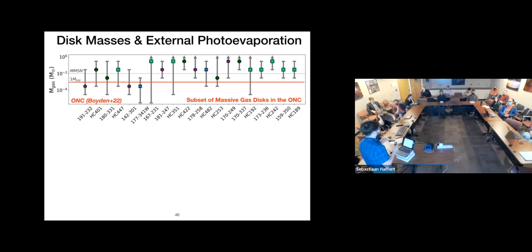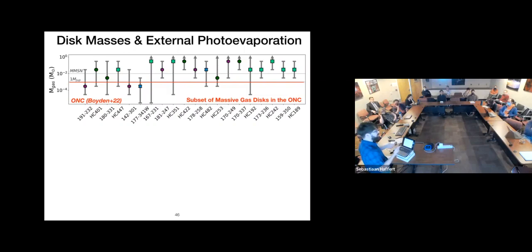But we're still finding at this current level of precision that many of the derived gas masses are greater than the mass of Jupiter. And this difference is interesting in the context of the stellar cluster environment, because it's telling us that even though things like external photoevaporation are operating in the ONC, this cluster still contains a subset of disks with enough material to form giant planets.